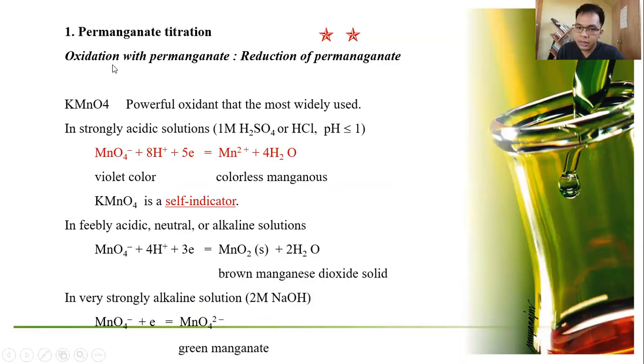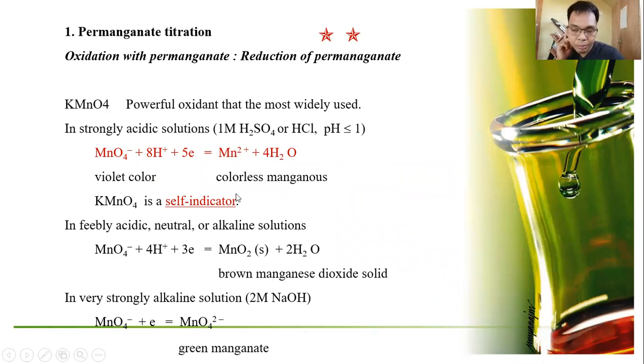Okay. Of course, it is an oxidation. Since it is an oxidation, it is an oxidizing agent. In the product, it is reduced. So it is reduced, and the reduced form of our permanganate is the manganese(II) ion, from violet to colorless. So it is a self-indicator.